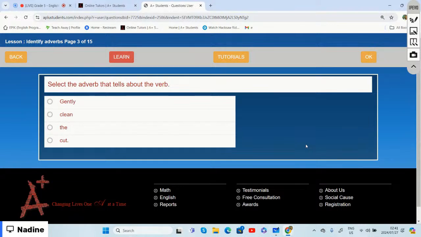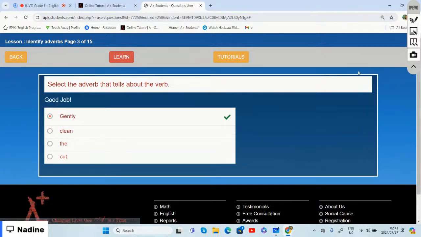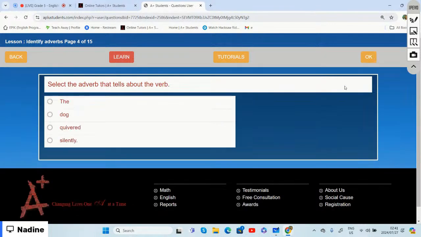Yes, so gently is our adverb that tells us about the verb. The verb is clean. If somebody were to clean your wound, they would be gentle so that they don't hurt you, right? So gently tells us how we're going to clean the cut. Well done. Gently is correct.